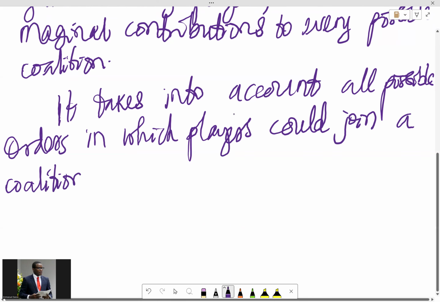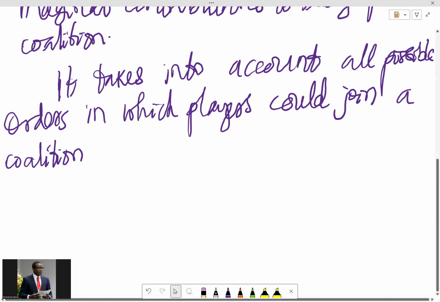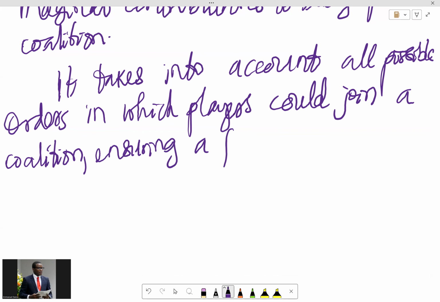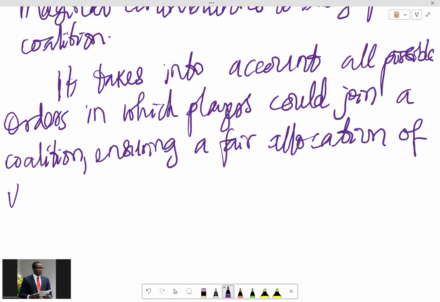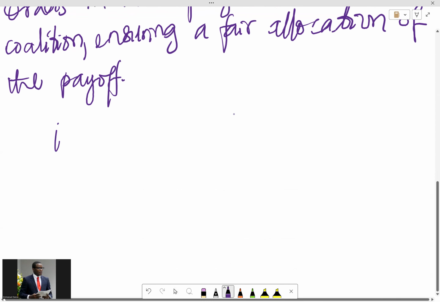It takes into account all possible orders in which players could join a coalition, ensuring a fair allocation of the payoff. The order in which players join a deal can actually determine how much value they get from the deal.